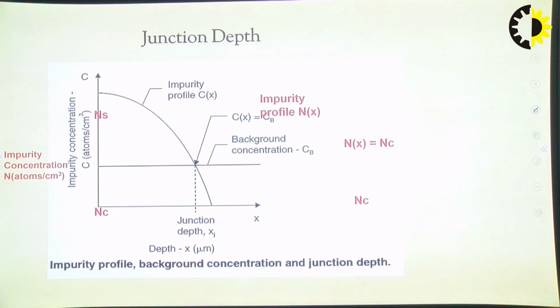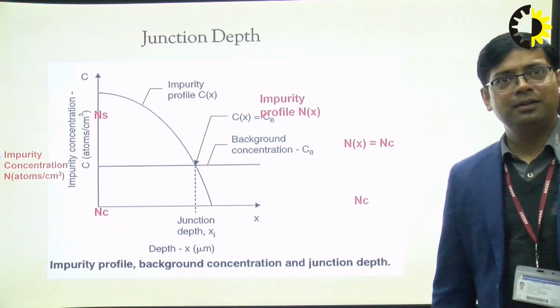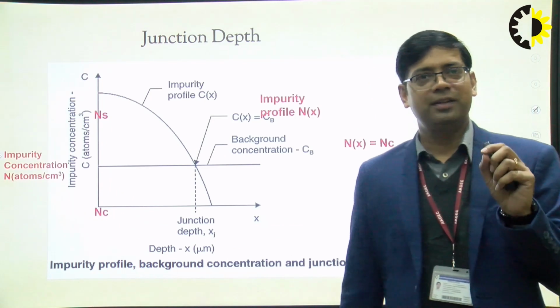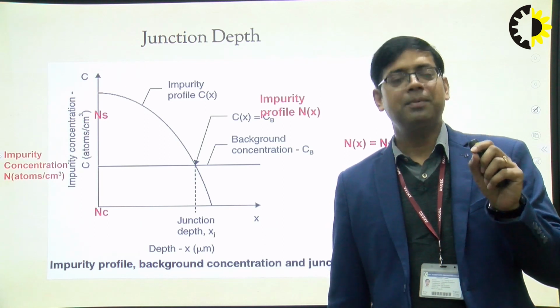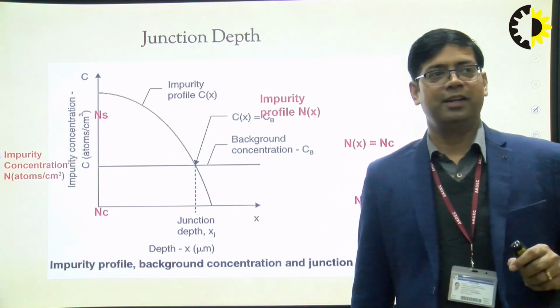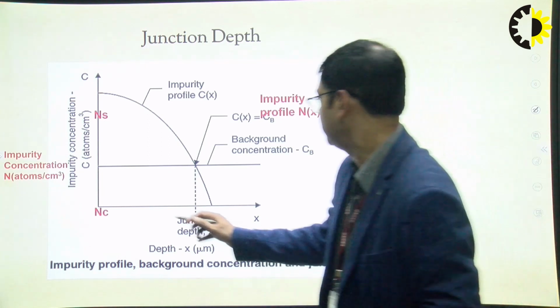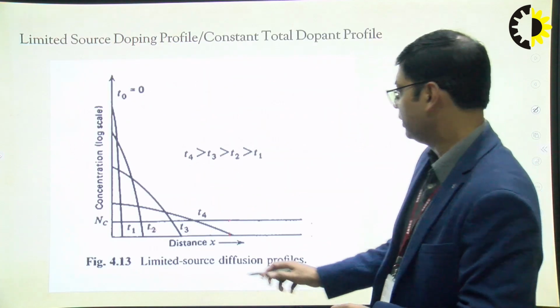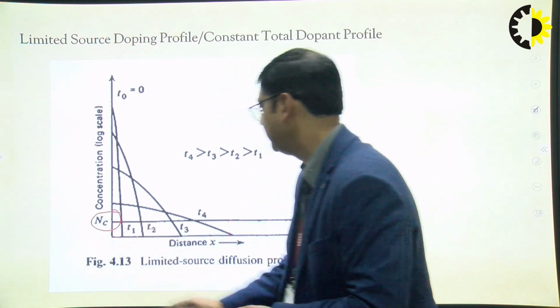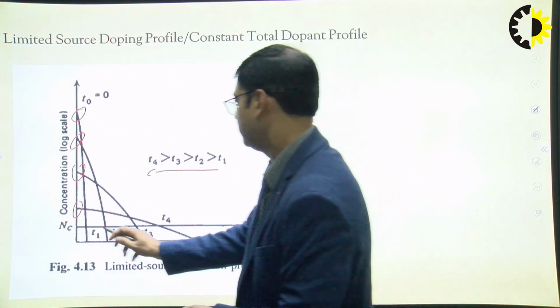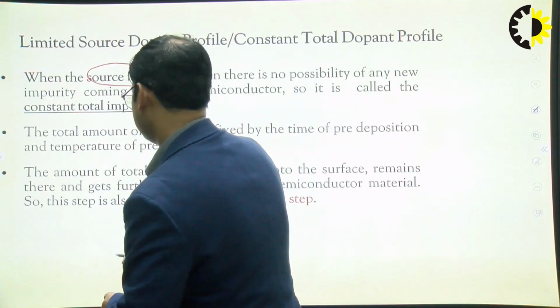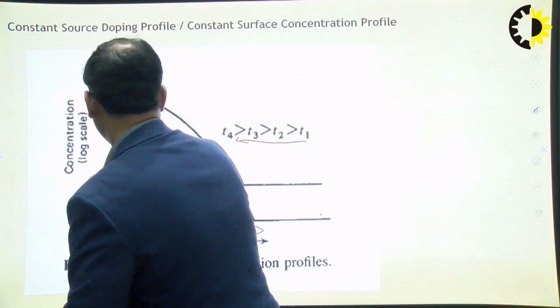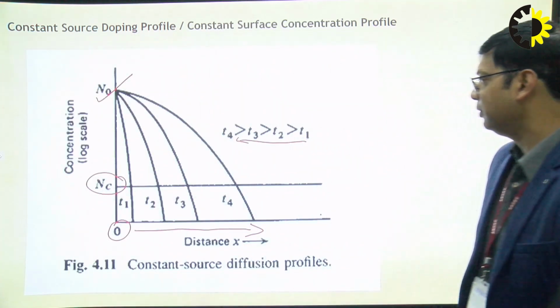Okay. Now, one very important point that comes here in case of doping profile is junction depth. We have seen this junction depth in all the figures here, and we have seen this in the infinite source diffusion case also.